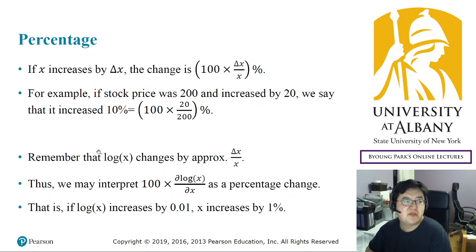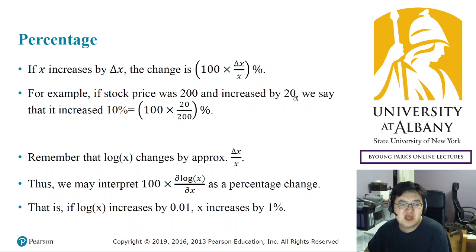And now let's think about percentage. Say the stock price increases by delta x. The stock price was 200 yesterday, but it increased by 20 points today. Then we say it increased 10% by this formula. The increment is 20, and the reference point, the previous level, was 200.